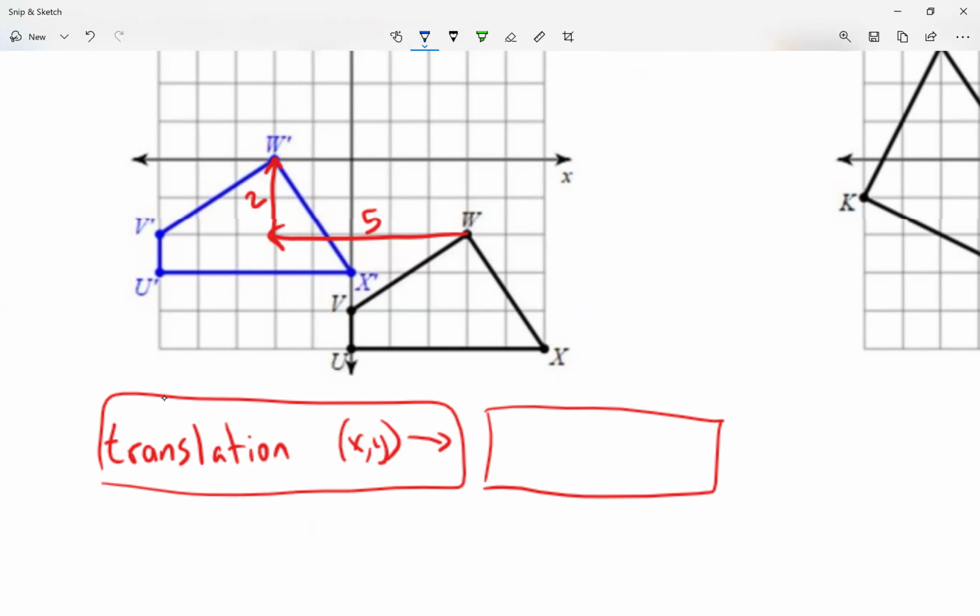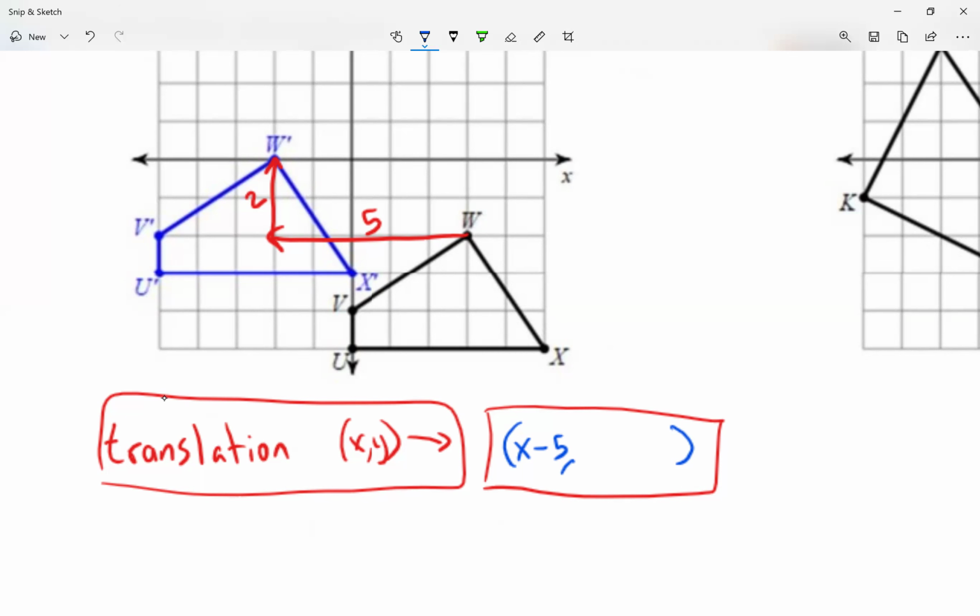First of all, I need to have my parentheses open. And I start looking on the x, on the sideways. What did I do? I moved five to the left. So let me type in x minus five. Lowercase x, don't go uppercase X. x minus five. And then let me put a comma. Then let me type in a space.